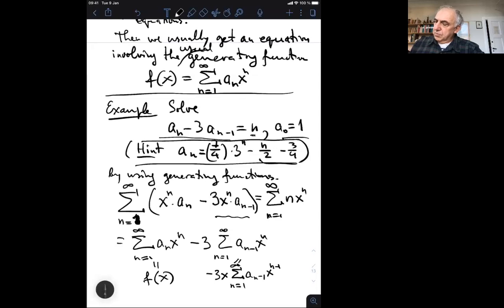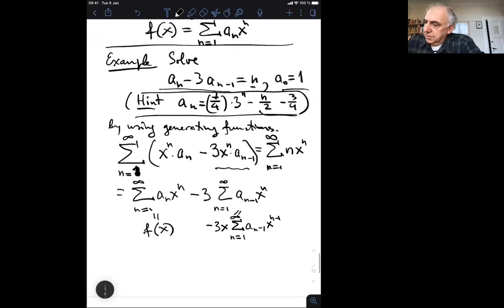This is almost what I need, and it looks like a_0 plus a_1 x plus a_2 x squared plus and so on. So everything is nice except we have this a_0 here.